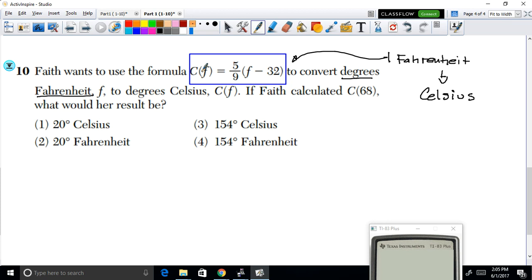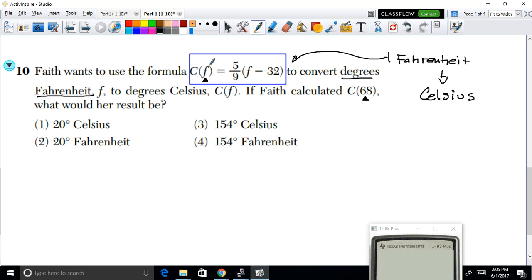All right. But now let's actually read here. It says, if Fate calculates C of 68, what will her result be? Let's look at what C of 68 means, given how your formula has been written.